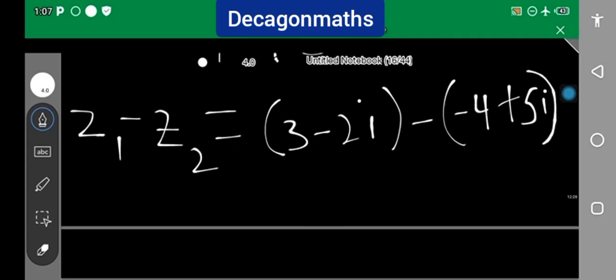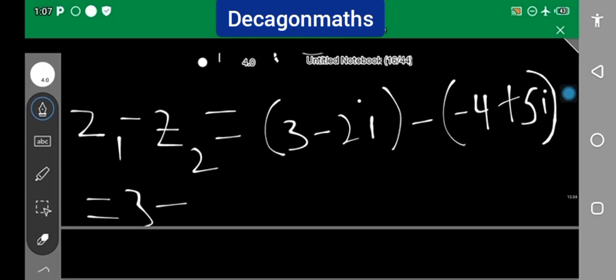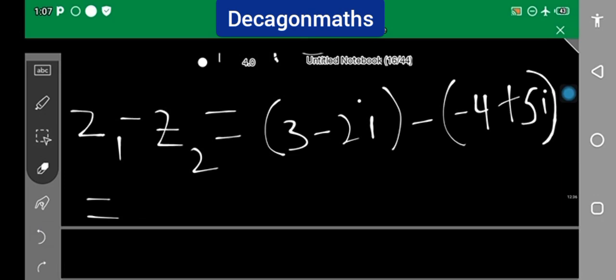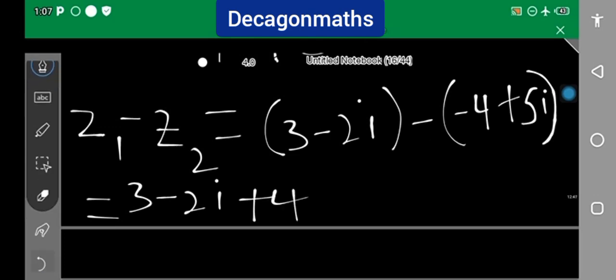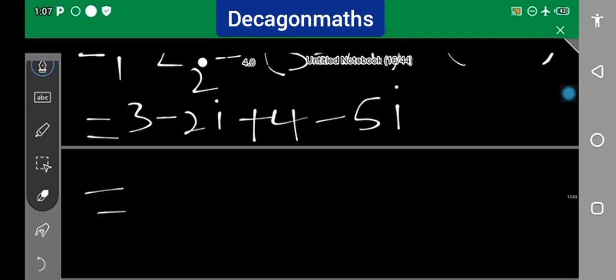Alright, so simplifying this, we have 3 minus 2i plus 4, because minus times minus here gives a plus, and then we have minus 5i. Now the next step, we have 3 plus 4 is 7, and minus 2i minus 5i is minus 7i.